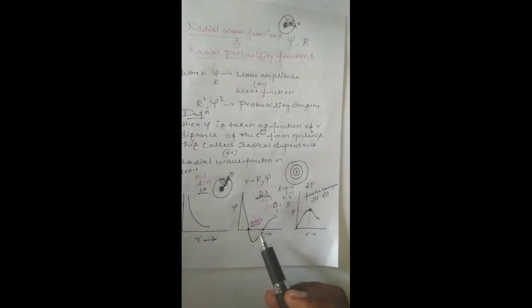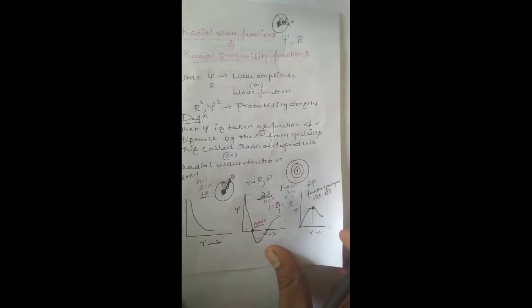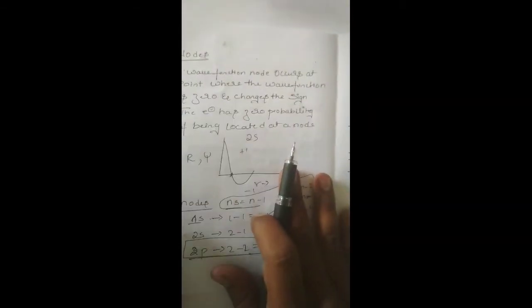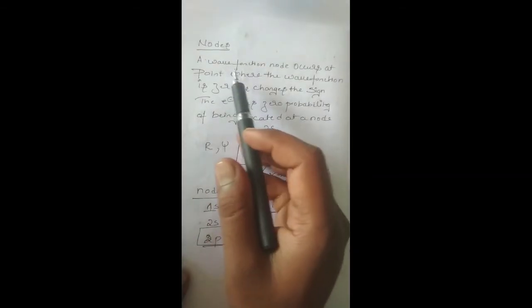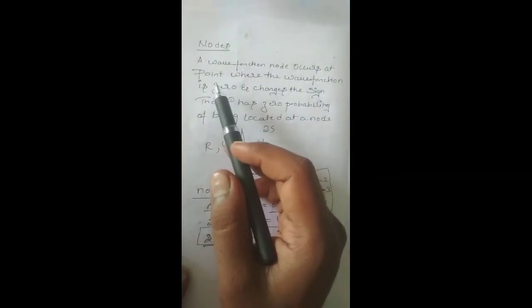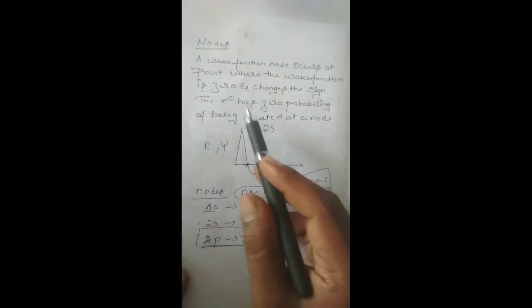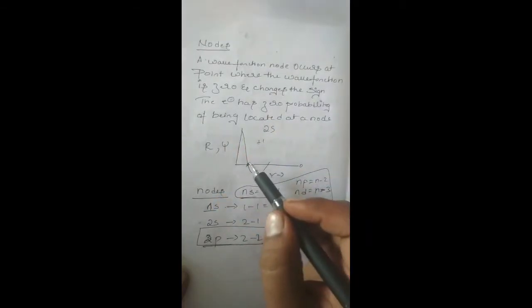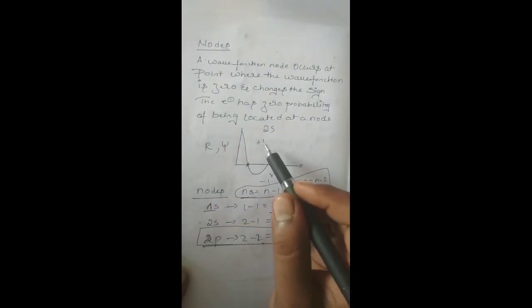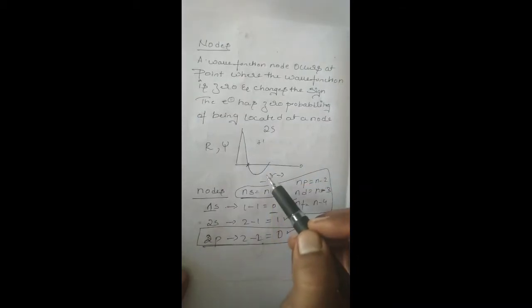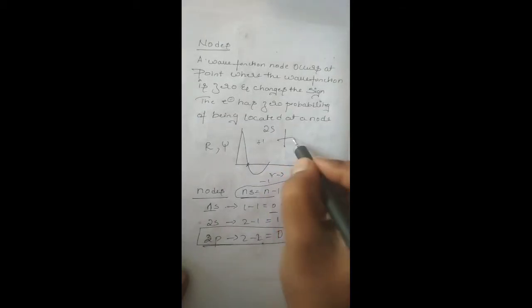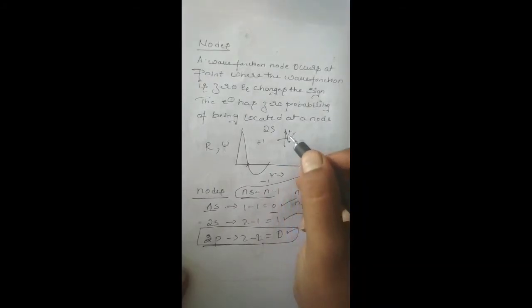Next we are going to talk about the node, because I already mentioned it. A wave function node occurs at a point where the wave function is zero and changes sign. If it is positive, it becomes negative; if you plot a graph, it passes from positive to negative, so we say it changes sign.